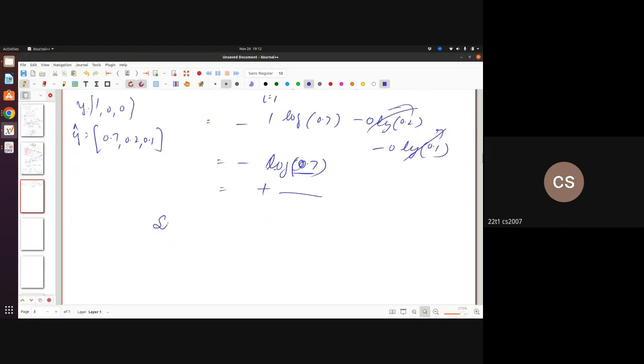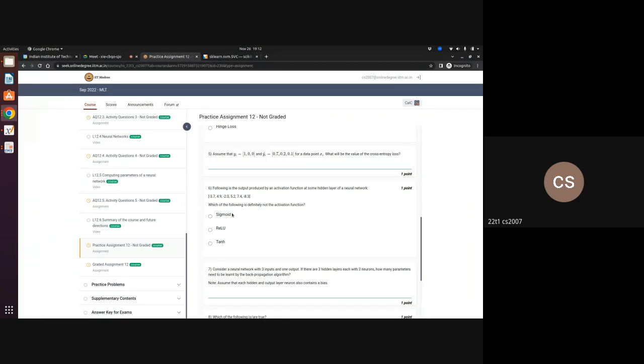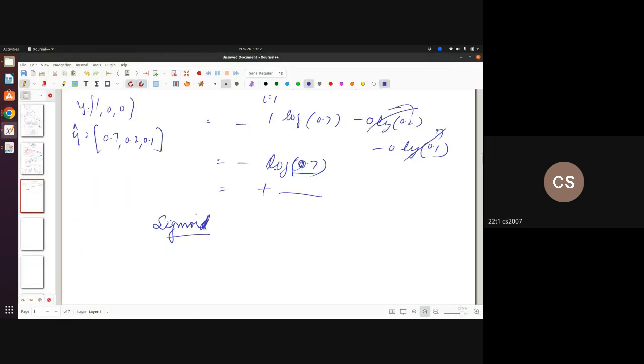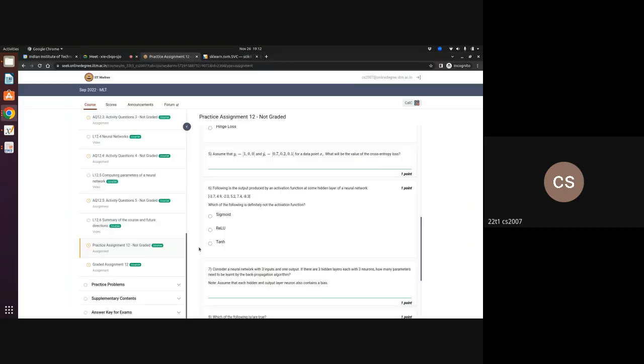What is the range of the output that we get from sigmoid? Can anybody tell me? 0, 1. 0 to 1, right? Sigmoid produces a value which is between 0 and 1. Okay.